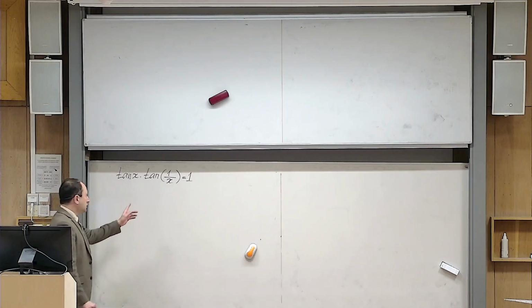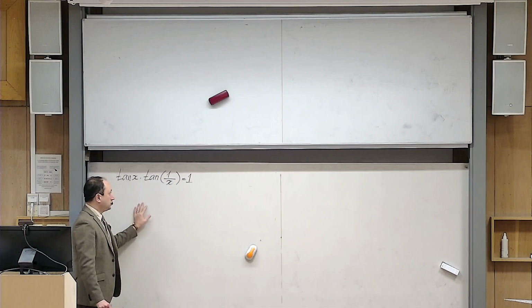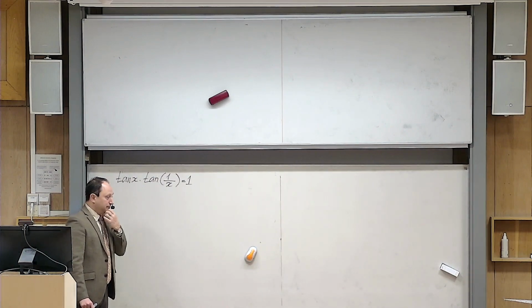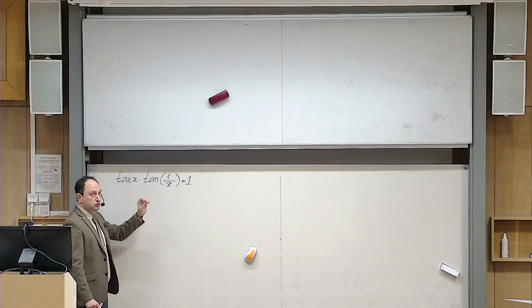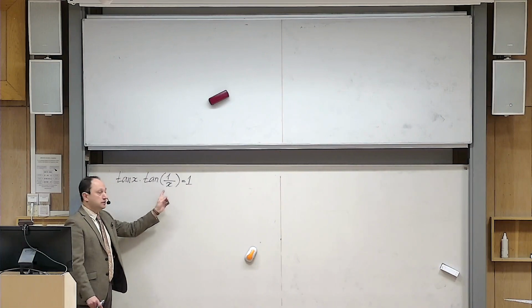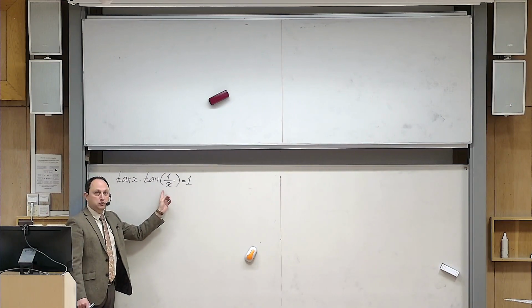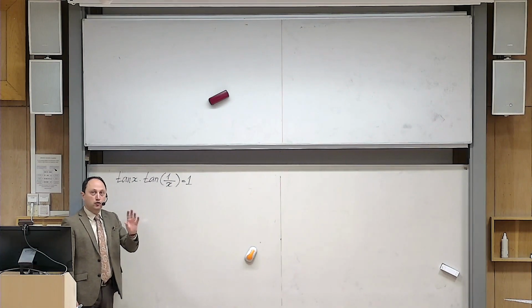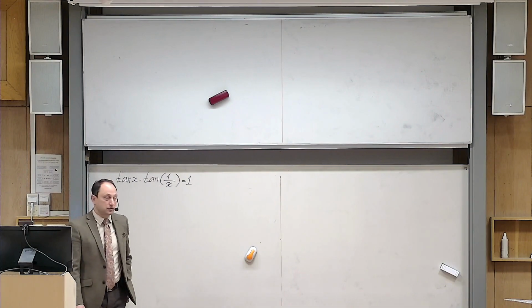Okay, so I have written the problem here on the board and we want to solve it. The point of this problem is to reduce this trigonometric equation into the form of equality of two tangents.